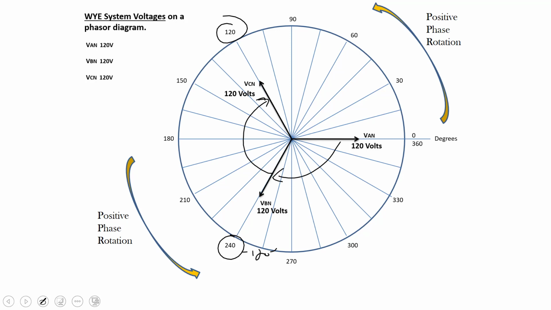So they're 120 degrees apart, and then after VC to N, we'd be going back to VA to N. So there's your 120 degrees back. We could say voltage VA to N lags voltage VC to N by 120, or we can say VA to N leads voltage C to N by 240. So both are correct statements.